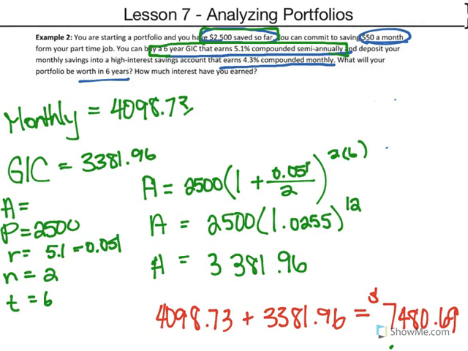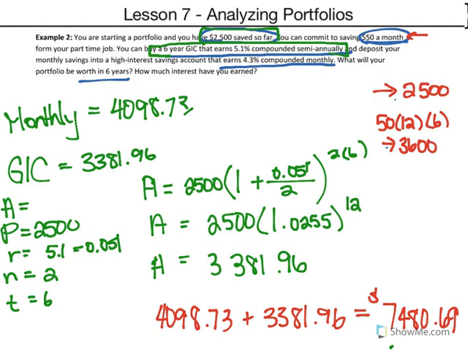If we want to figure out how much interest we earned, we would have to determine first how much we put in ourselves. We know we put in $2,500, that was our first investment. We also know that we did $50 a month for 6 years, so there's 12 months for 6 years. 50 times 12 times 6 is $3,600.